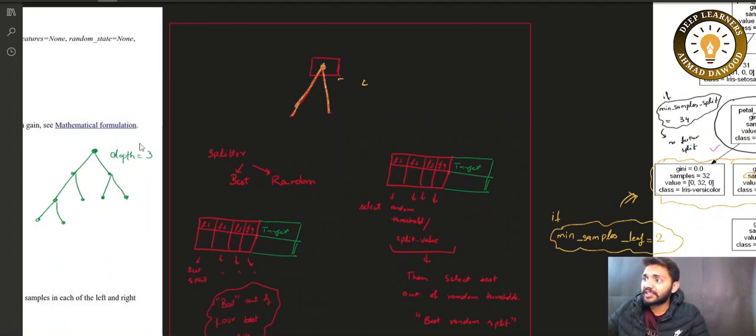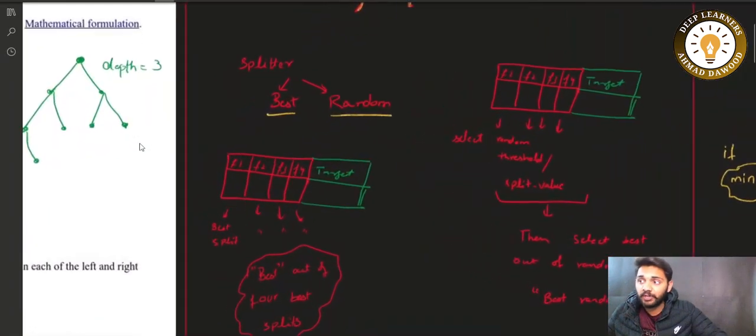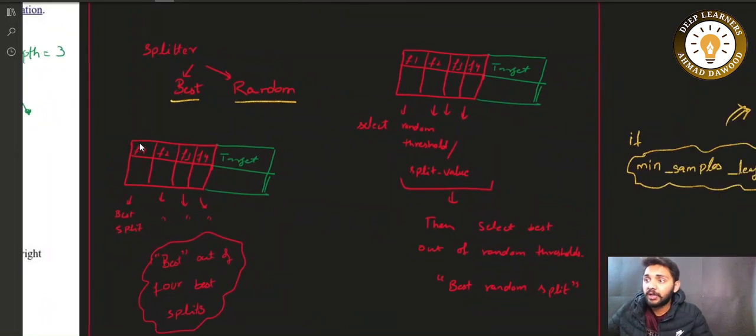So what does splitter do? Splitter has two options. One is best and the second is random. What is best? Best is exactly the same as we have discussed before. Let's say you have four features, f1, f2, f3, f4, and there is one target variable. At each stage, you see each value of each feature and calculate the Gini impurity.